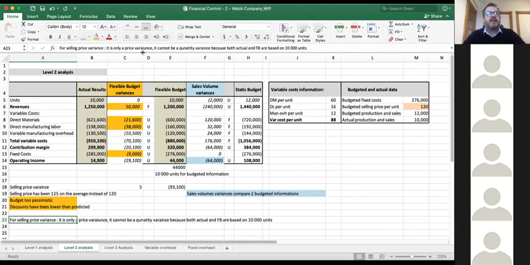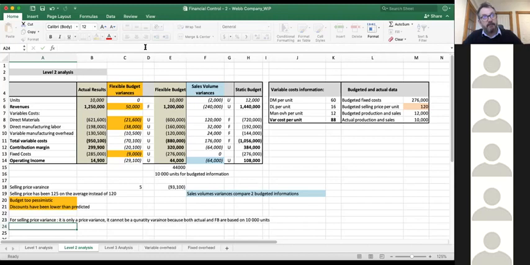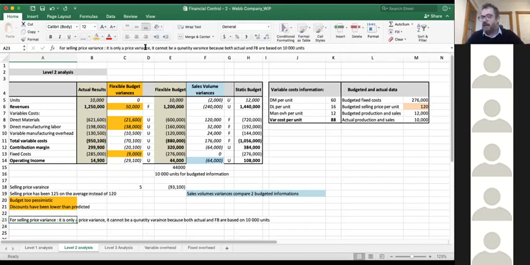Just saying that because when we talk about direct material and direct labor, it's going to be a little bit different. So this is for the first one. So we finished with this one.